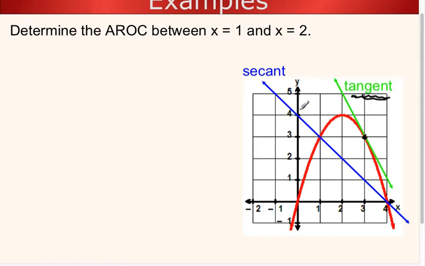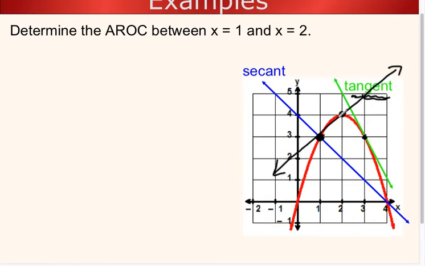So if I'm going to do my average rate of change between 1 and 2, so at x being 1, f at 1 is that value there at 3, and x being 2 and f at 2 is that value there. So if I draw my secant line, it's going to pass through those 2 points going up that way.